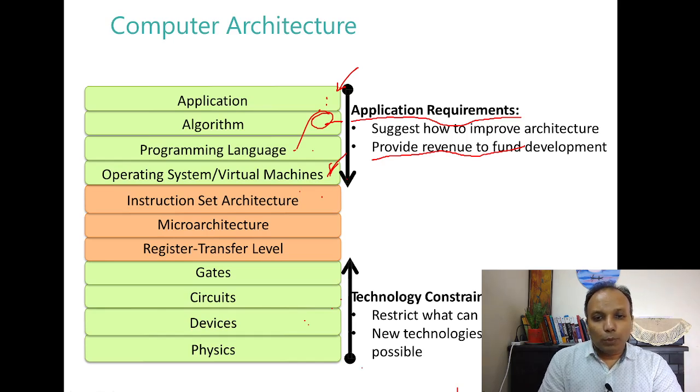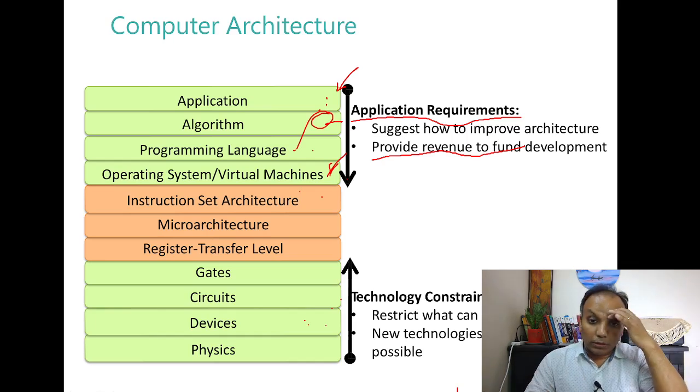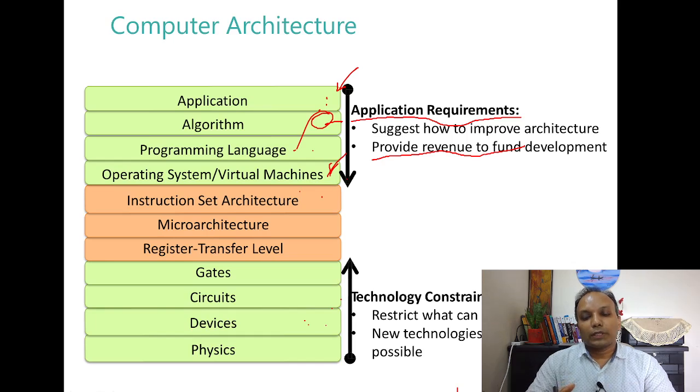Now from the bottom abstraction layers, you do get a lot of innovations. For example, material science is helping us shrink the size of the transistor. We can have more and more transistors in our chips because of the innovations at the material science level. It also puts constraints.